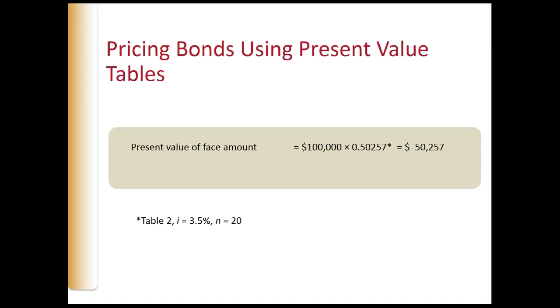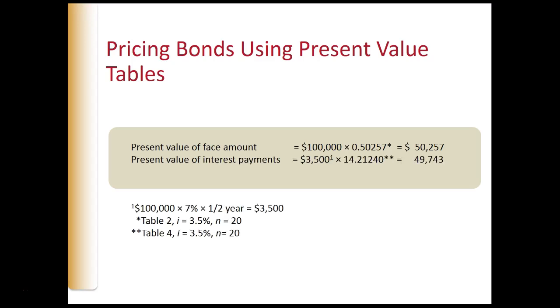This slide calculates the price of the bonds using the present value tables provided at the back of the textbook using the same assumptions. So again, we'd look at the present value tables and we would use the present value of the face amount.